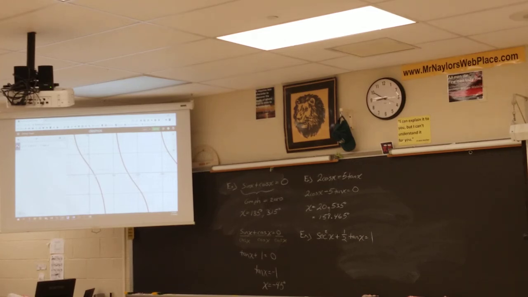If you're asked to use a graphing method, then all you have to do is get this equation set up and then type it into Desmos.